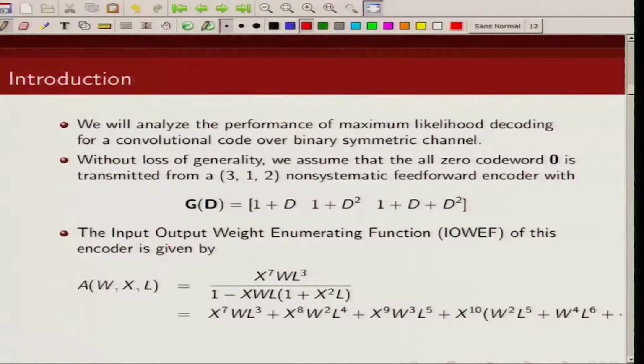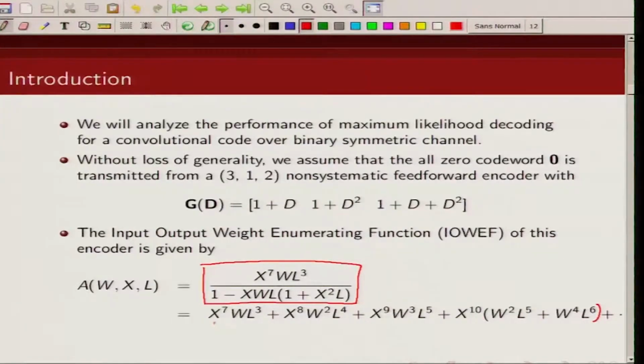For this particular example, the input output weight enumerating function is given by this expression, which we can expand by dividing this by this, and we get our terms.